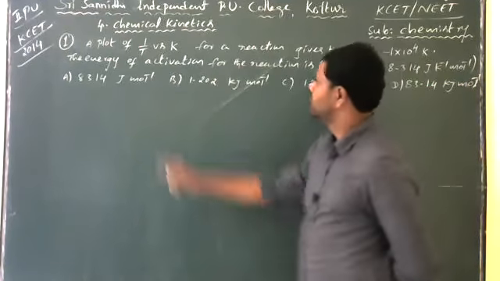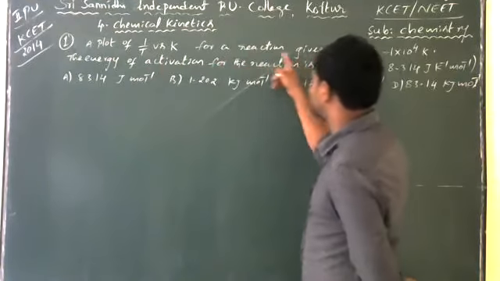See, a plot of 1 by T versus k for a reaction gives the slope.